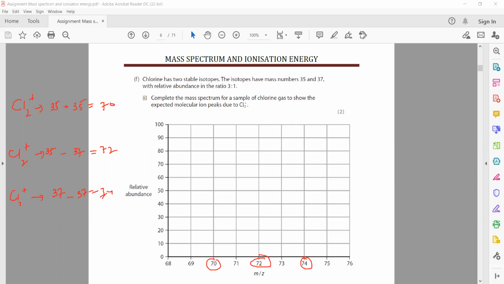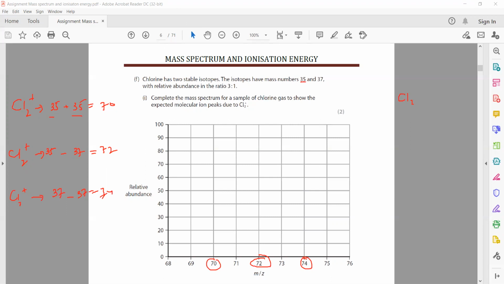But what about the heights of these peaks? When we compare the ratio, as we are plotting for the chlorine molecule Cl2, 35 is 75% and 37 is 25%.